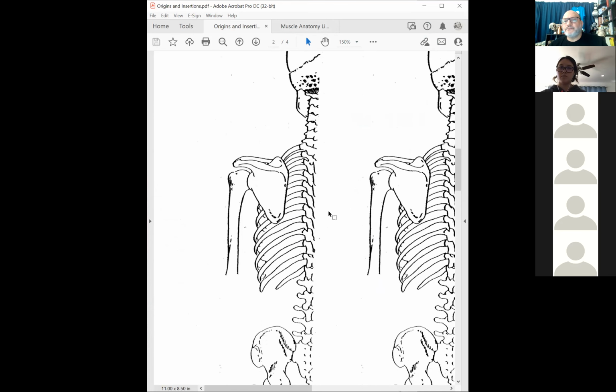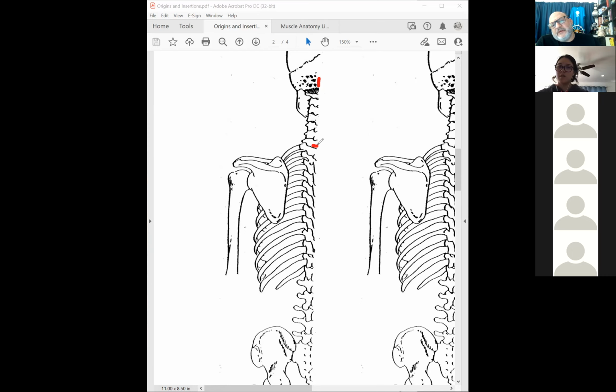Excellent. What is the origin of our trapezius? The occipital bone. Okay, and not just the occipital bone, but remember that bump on the back of the head, that external occipital protuberance. What else? The spines of C7 and all of the thoracic vertebrae.